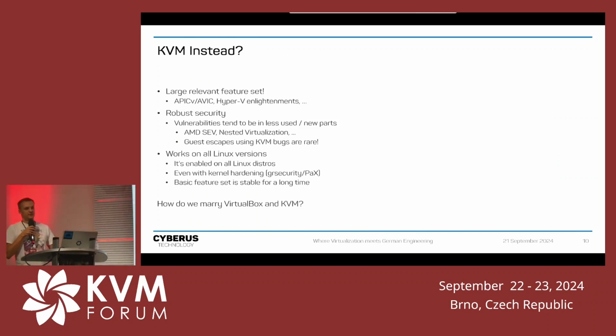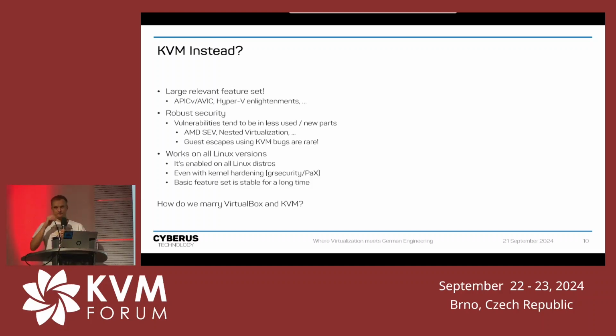KVM is a really great fit for VirtualBox. It has many features that VirtualBox does not have, for example, all the modern interrupt virtualization features like APIC-V and AVIC. KVM has all of those. KVM has a way more complete set of Hyper-V enlightenments to make Windows guests fast. It has a pretty robust security story, maybe not perfect, but definitely better than the VirtualBox hypervisor.